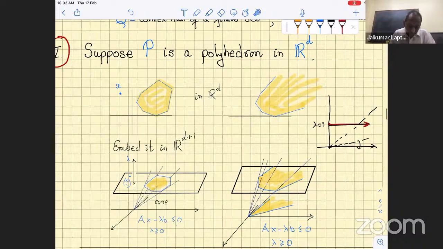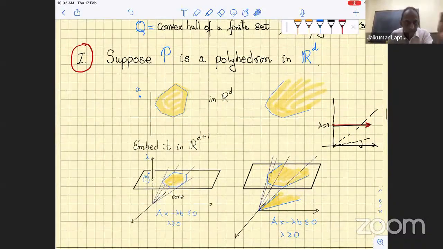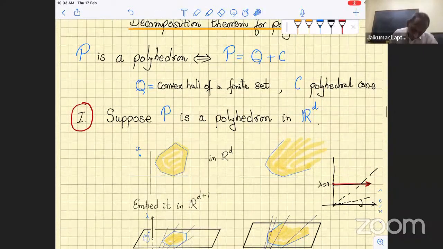I'm going to use the theorem about cones, that is, finitely generated cones and polyhedral cones are the same object. There was equality. That theorem I'm going to leverage to prove this theorem.